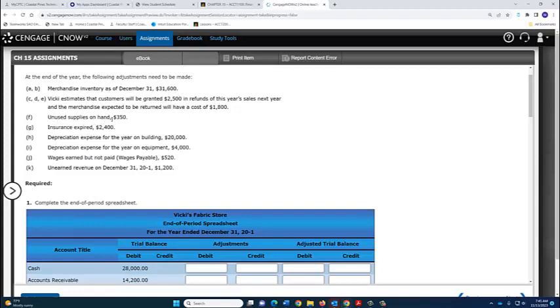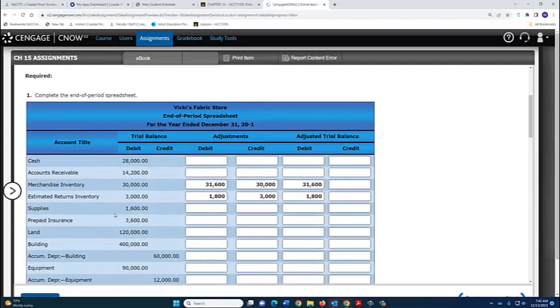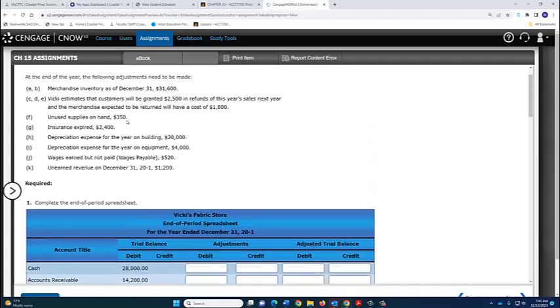Unused supplies on hand. If they're unused, those are the supplies we still have on hand. We should be reporting them at $350. We are reporting them at $1,600. So that means that we have used up $1,250 in supplies. $1,600 we started off with, and now we have $350, and the difference is $1,250.